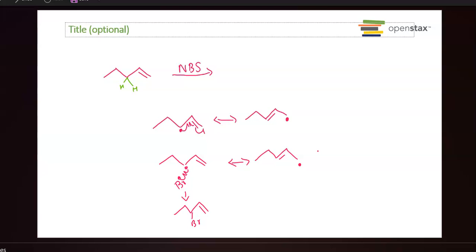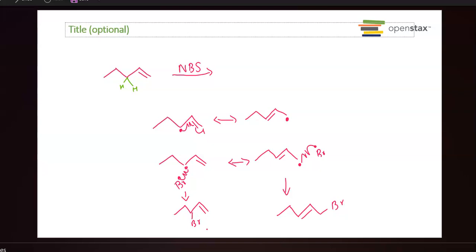Or if the bromine decides to combine with this radical, then it will form a bond at the first carbon atom here, and you get Br here with a double bond. So look, these are two different compounds. This will be 1, 2, 3, 4, 5.